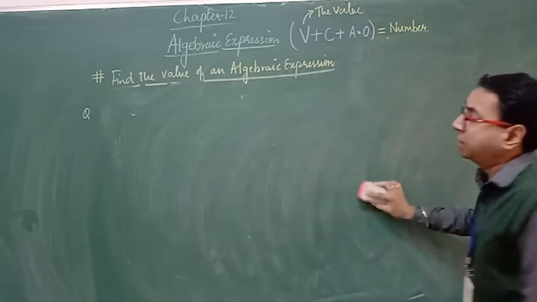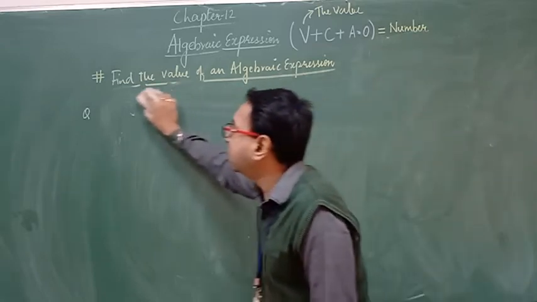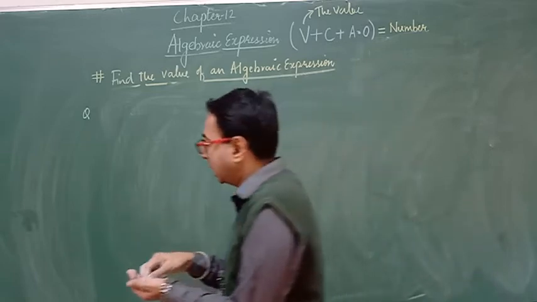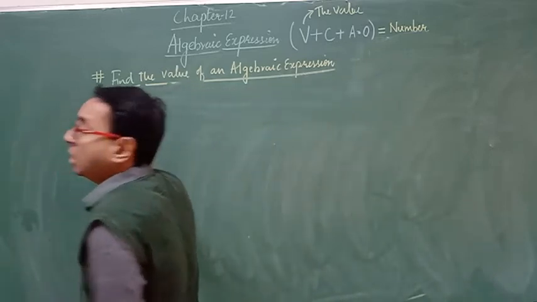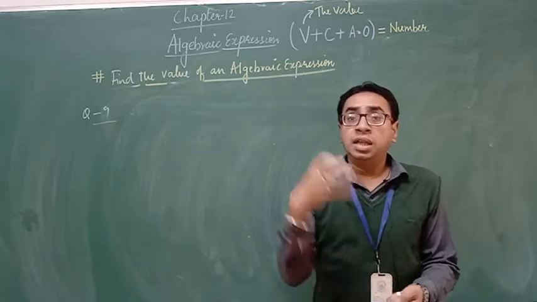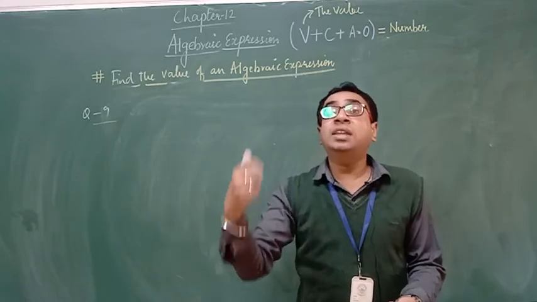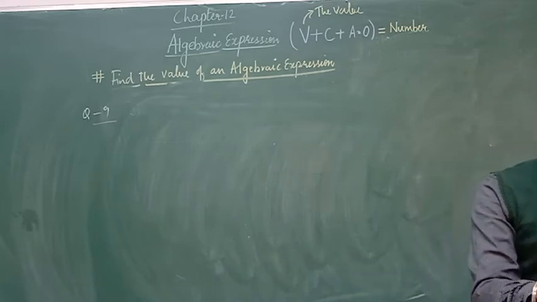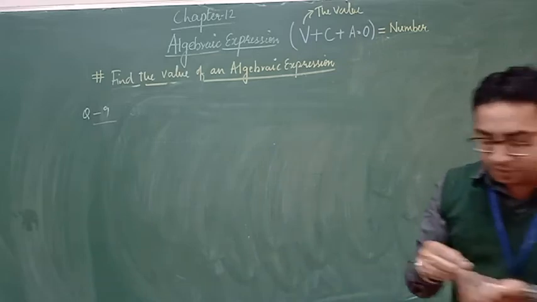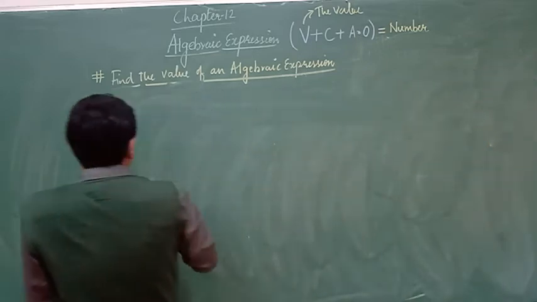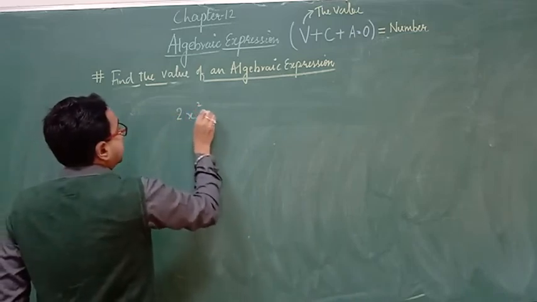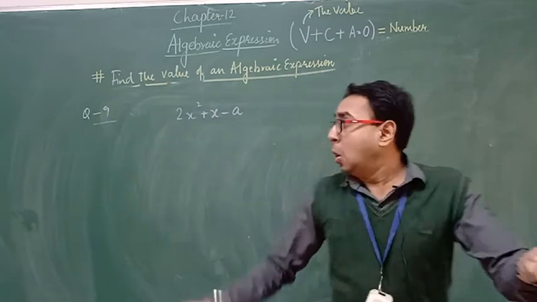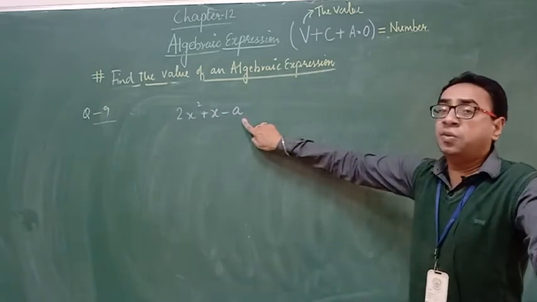See one more time. Right now, what we are doing is putting the values and getting the answers. In this question, the vice versa is given to us. We have been given the value, and we have to find the value of that variable. Understand the question. What should be the value of a if the value of 2x square plus x minus a is 5? The question is, what should be the value of this variable a?